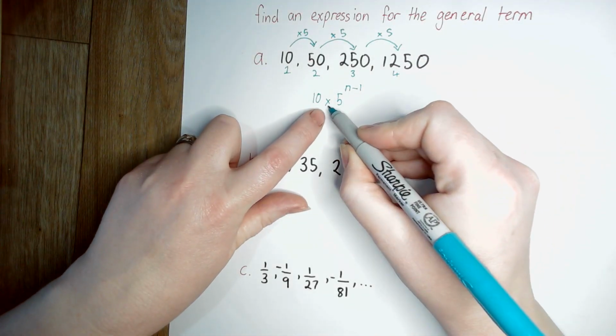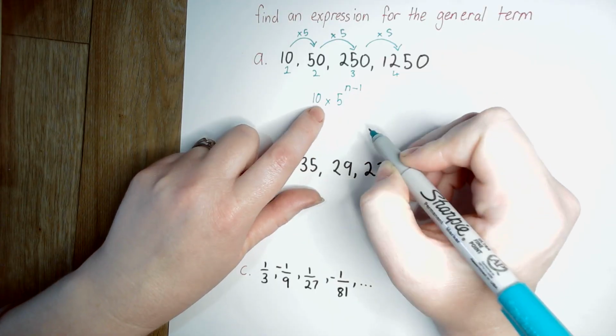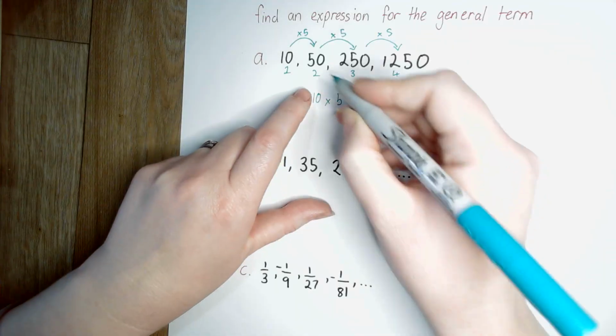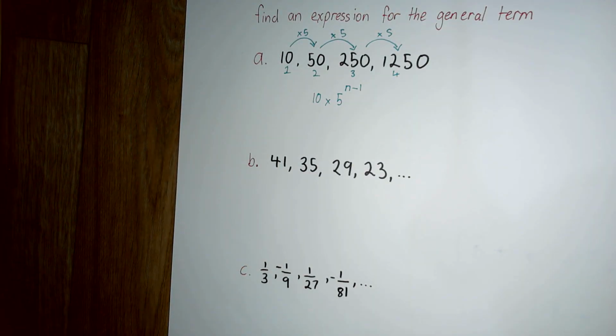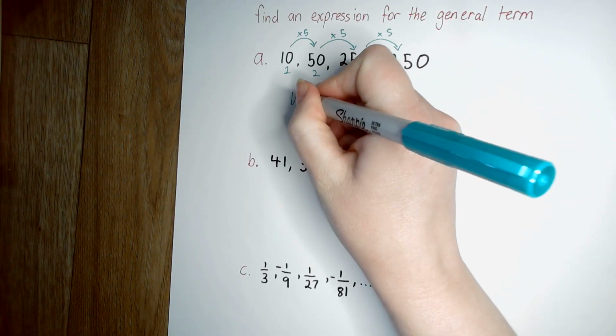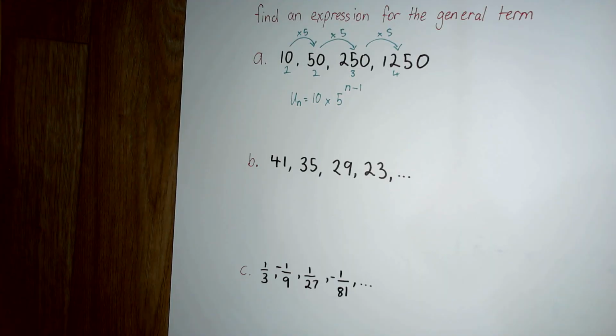So now we've got 10 times 5 to the power of n minus 1 up here, which means that we're going back one place value there. And we just need to make sure that this works with all of our other terms.